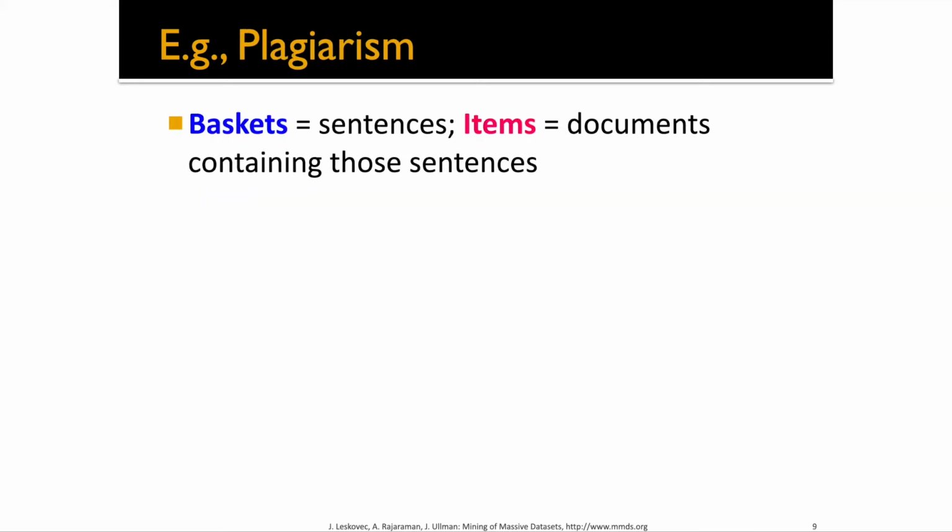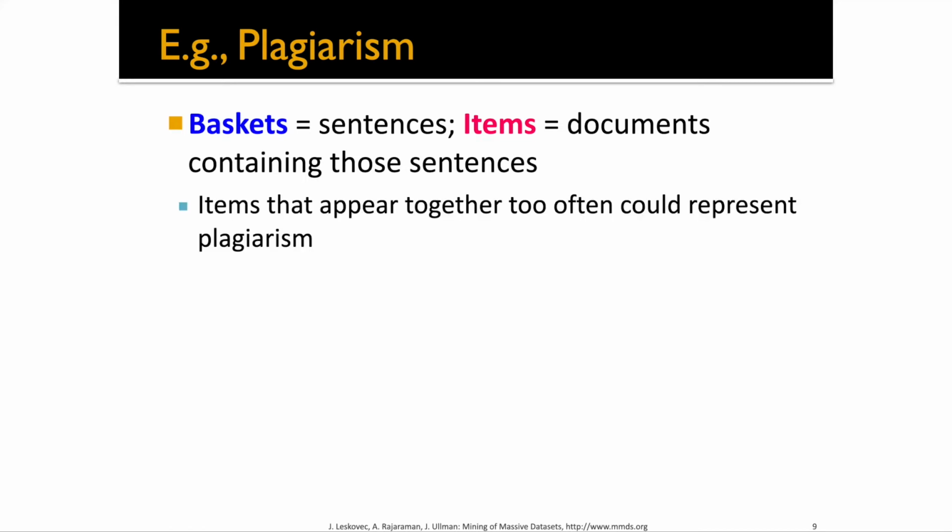The plagiarism example is kind of interesting, where if we look at items as documents and baskets as sentences, then we make this connection between documents that frequently co-occur in a basket. This is kind of a weird example, but if you have a document that occurs in many of these sentence baskets, then that document is potentially risky.